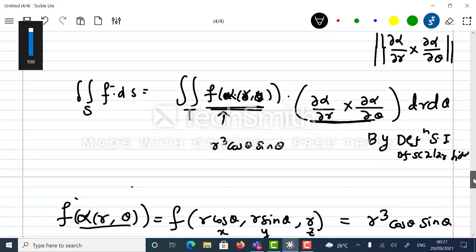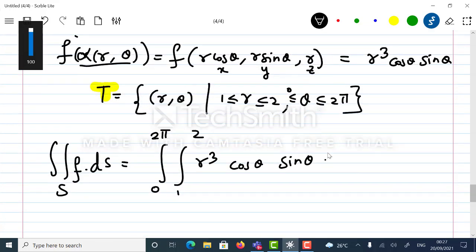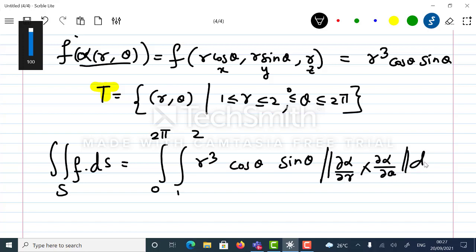Here it should be the norm, I made a mistake. So I hope you will calculate the norm of dou alpha by dou r cross dou alpha by dou theta. I have not calculated it, dr d theta. And this answer will ultimately lead to 0, so that you can solve.